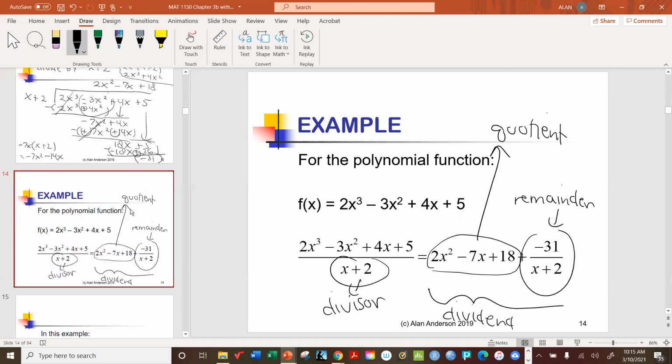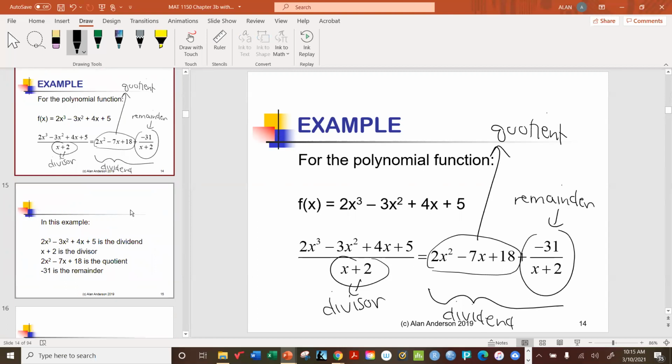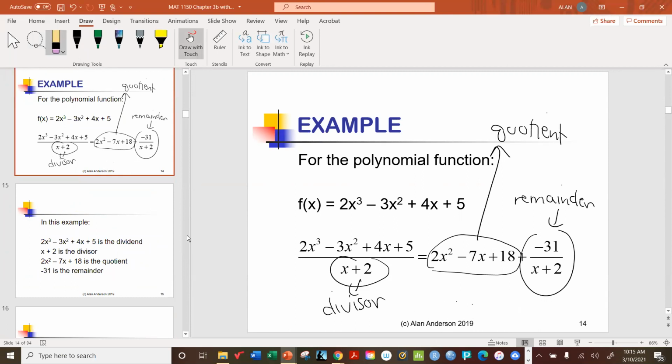Oops, I made a mistake here when I drew this thing. Hold on one second. This is not the dividend over here, sorry. The dividend is the original function. My mistake, sorry. This is the dividend.